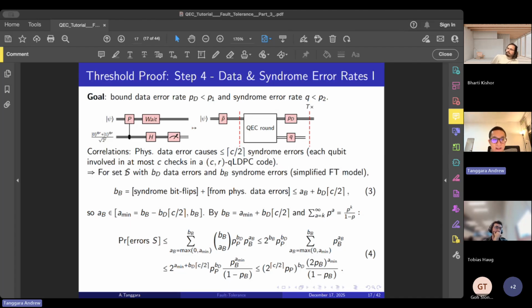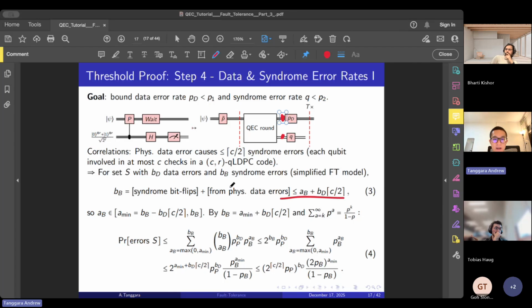So if I have this set S that contains BD data errors and BB syndrome errors in the simplified error model, I can bound that by this.